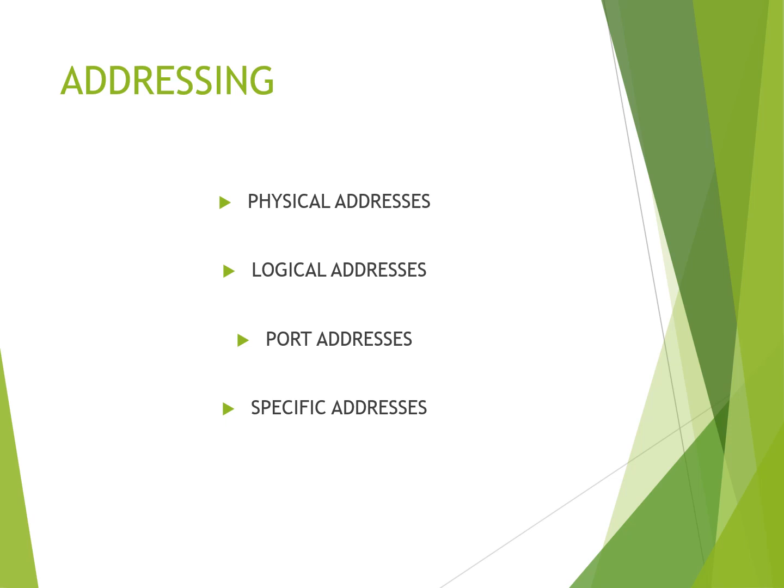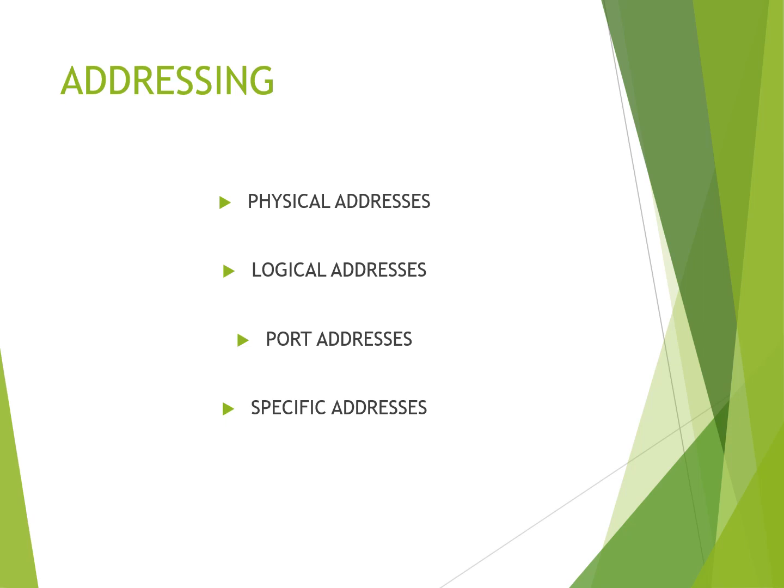The third one is the port address. The port address range is 0 to 65,535. The IP address and physical address are necessary for data to travel from source to destination, but a communication process involving telnet and FTP requires a further address. In the TCP/IP architecture, the label assigned to a process is called the port address.